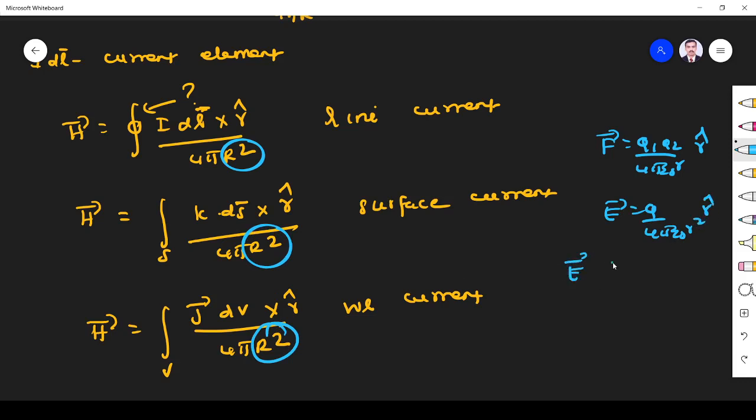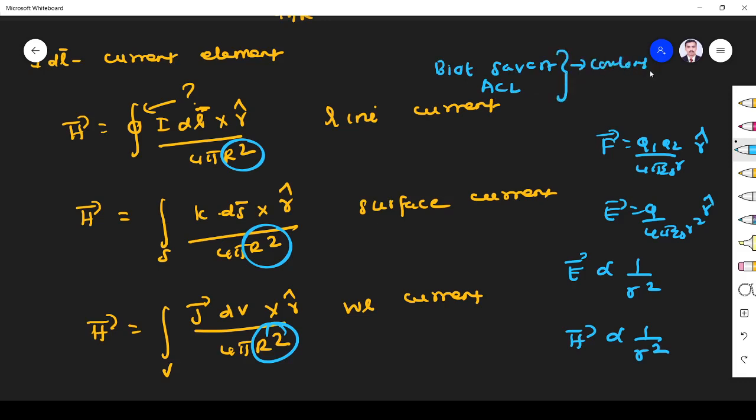So E follows the inverse square law, 1 by R squared. Similarly, H is also inverse square law. Biot-Savart law and Ampere circuit law are for magnetic field. The equivalent versions are Coulomb's law and Gauss law in electric field.